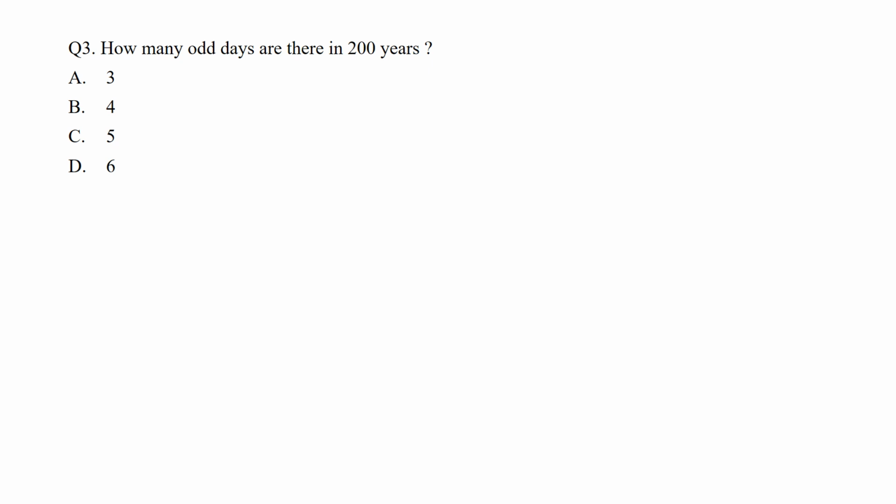We will solve another question, the number of odd days in a period of 200 years. Since we know in a period of 100 years we have 5 odd days, in a period of 200 years we have 5 plus 5, 10 odd days.